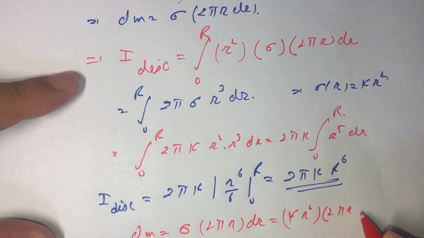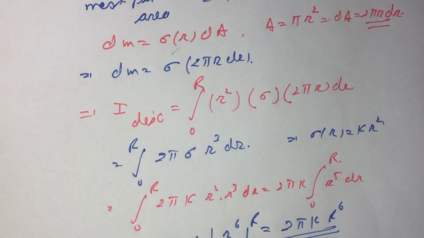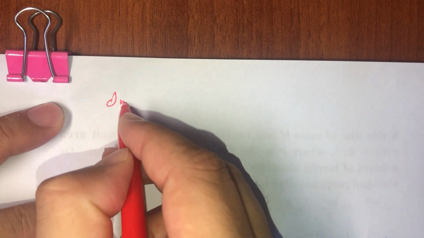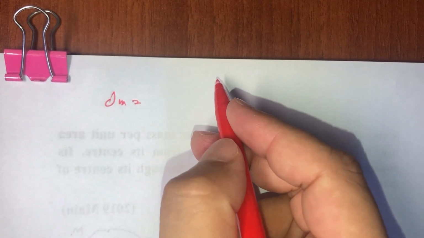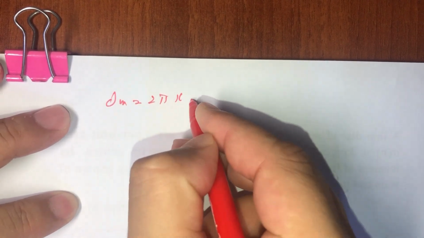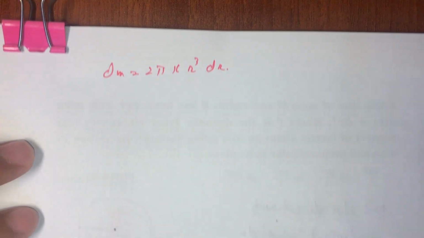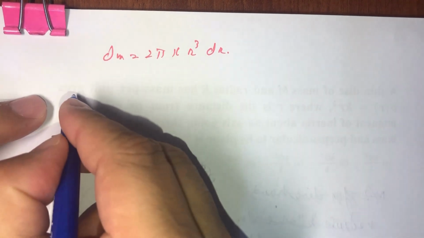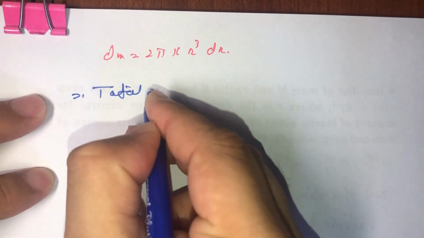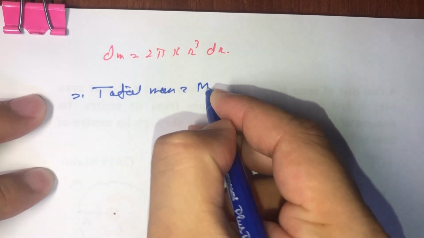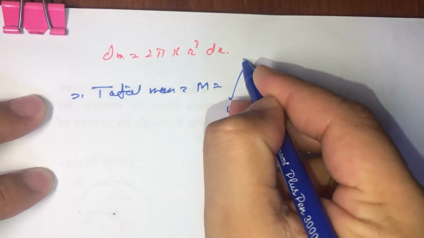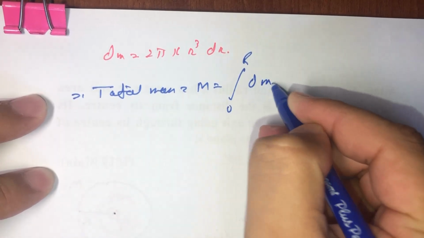This is 2 pi r into dr, so we get dm as 2 pi k r cube dr. Therefore the total mass, which is given as capital M, will be equal to integration 0 to r of dm.